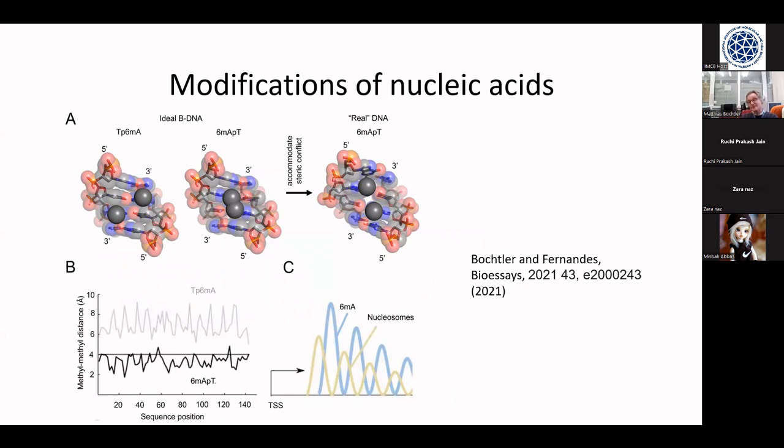Now, an interesting thing is also the stabilization. Once you adenine-methylate the ApT context, you block against certain DNA deformations. And when you model DNA that has been wrapped on nucleosomes, you see that TpA methylation would be okay for the wrapped DNA structure that you find in nucleosomes, but ApT methylation is completely incompatible. If you wrap the DNA on nucleosomes, you would drive the methyl groups even further into each other than they would already be driven into each other in B-DNA.